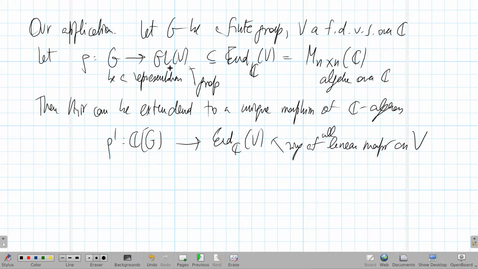So you have a morphism of C algebras from this to this.